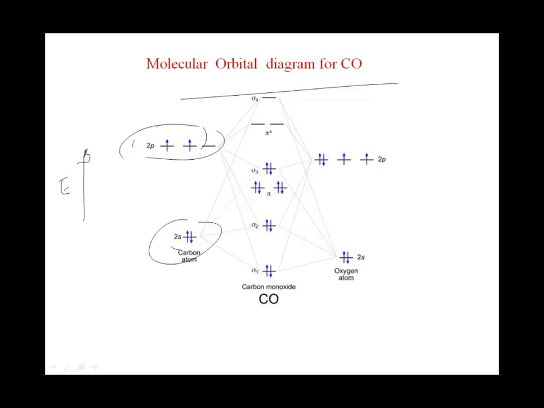Okay, so on this side, you have the carbon, and here you have the oxygen orbitals. Again, you have the 2s and the 2p on the oxygen atom. And what you'll notice, as is drawn in this slide here, is that the oxygen orbitals are slightly lower in energy than the carbon orbitals. Does anybody understand why that's the situation? Why have I drawn them like that?